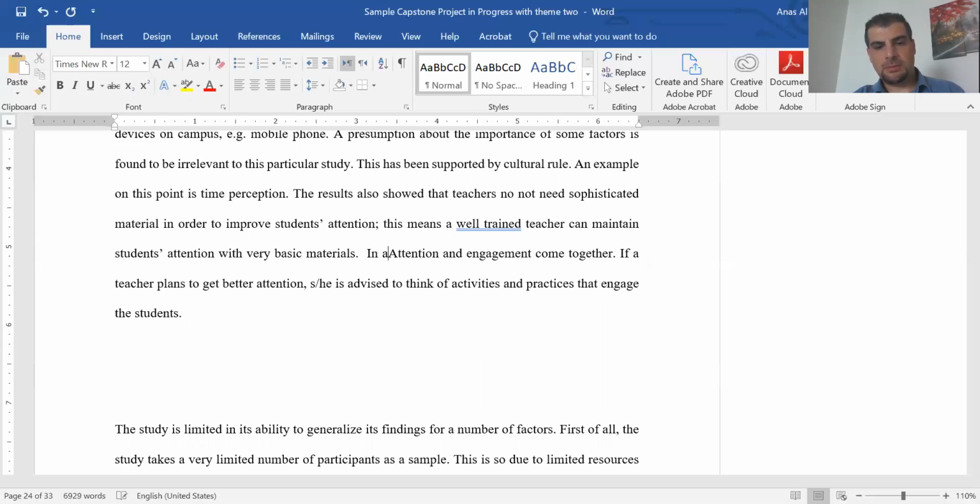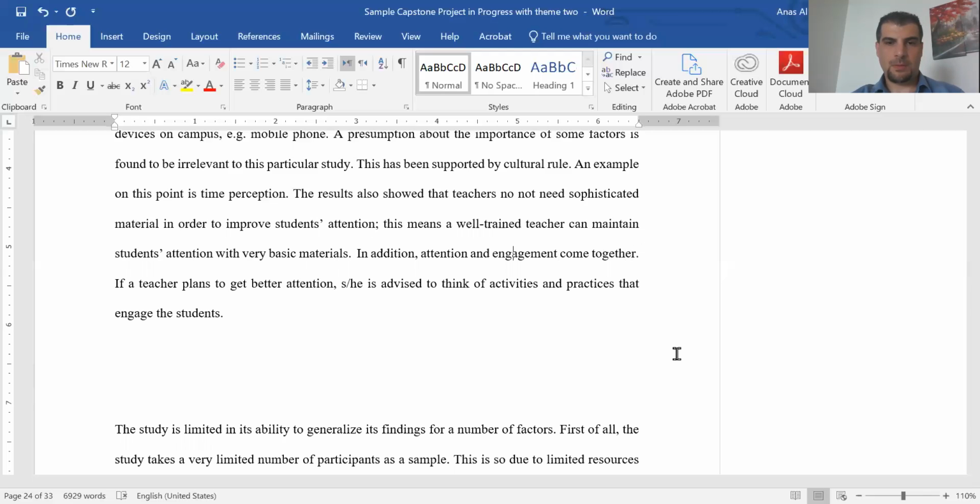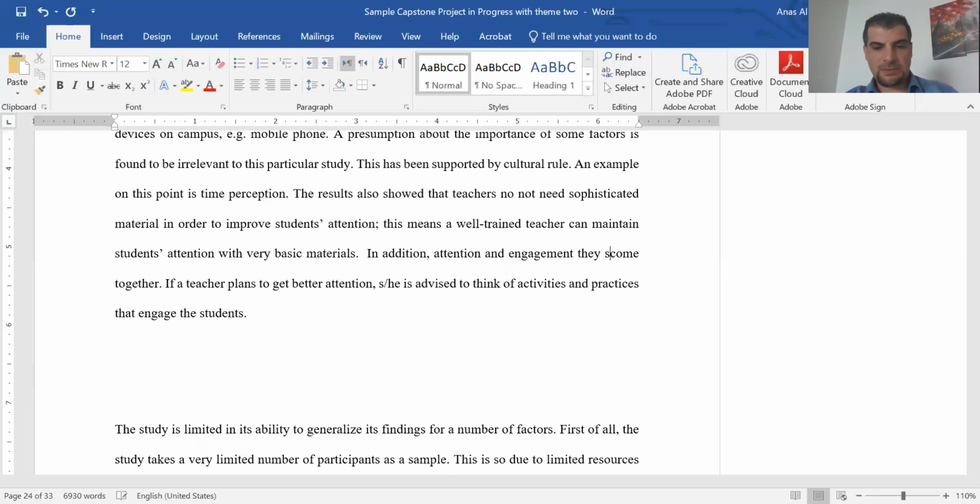In addition, attention and engagement come together. It's not like to come together, they support each other. In this respect.